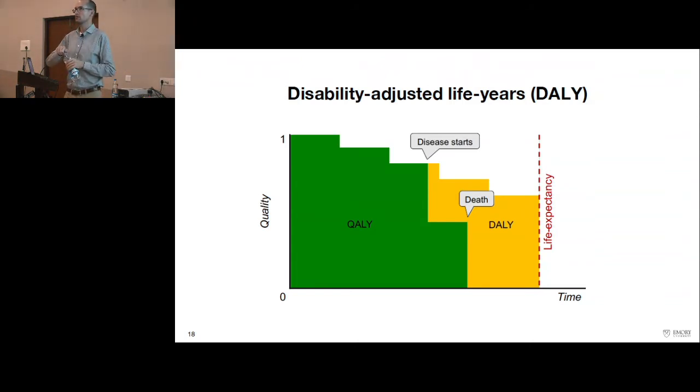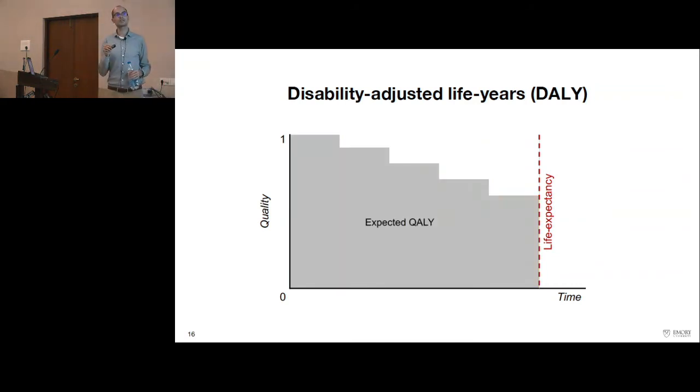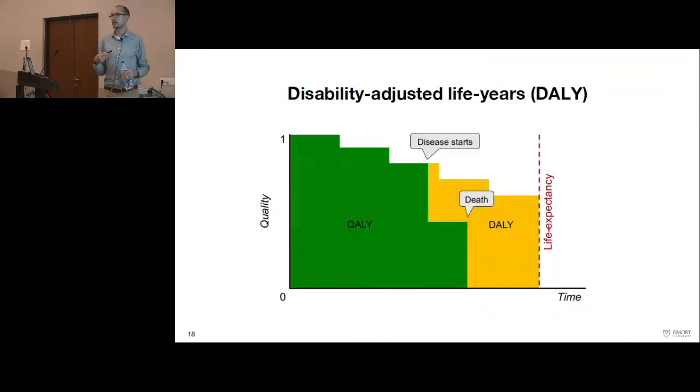So quality is this dimension, and if the person didn't get this particular disease we're studying, we would expect them to live this long, but the quality will be slowly decreasing over time. So it also takes into account the quality, but in a somewhat different way.